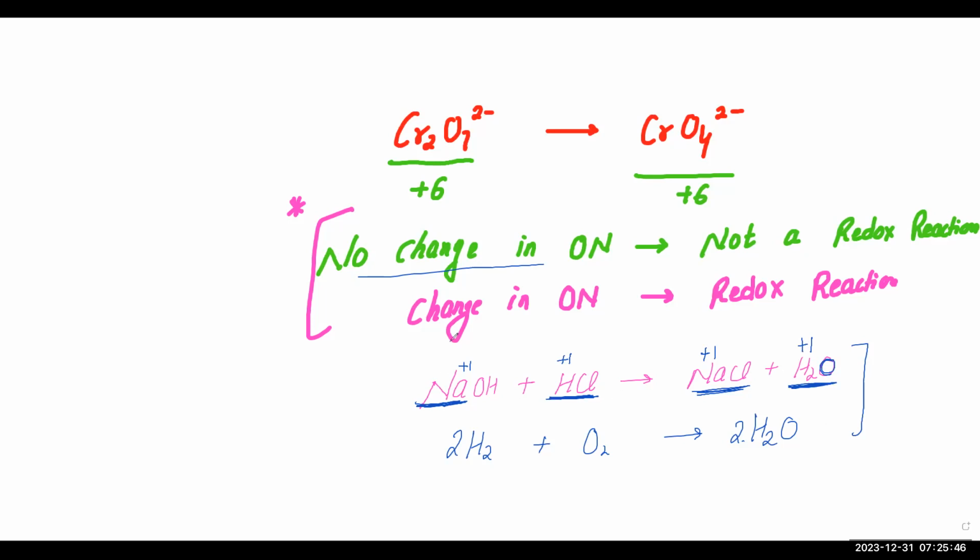Is there any change in oxidation number of hydrogen? No. Now let's check for this chlorine. If this is +1, then what is chlorine? You can calculate. Rule number 6, -1. Is there any change in oxidation number of chlorine? No. What's the oxidation number of oxygen here in water? -2. Like this oxygen is -2 and this hydrogen is +1.